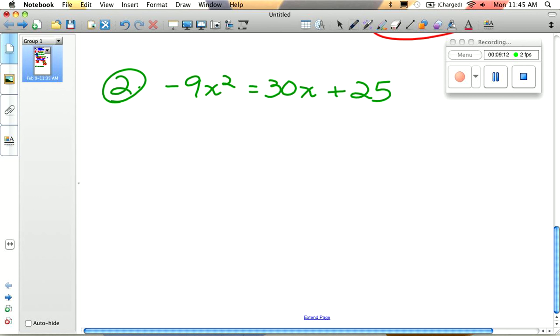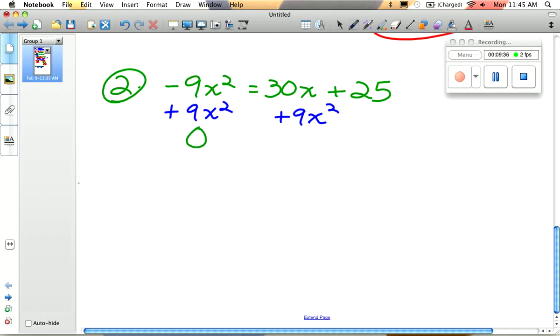So don't think of it this way: I only want to move one thing. Don't have that mindset. Let your mindset be this instead: what do I have to do so that I will have a positive a value? By moving this 9x squared over, that would make it a positive 9, and it's going to be friendlier that way.